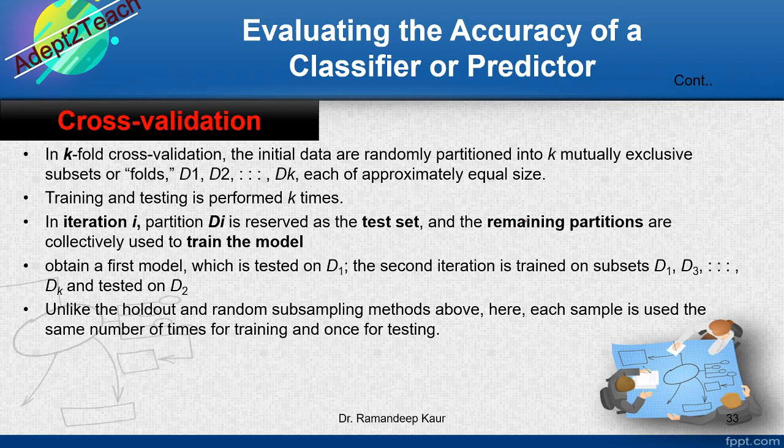The second method is cross validation. Cross validation says that we partition the data into some subsets, let's say D1, D2, D3 and so on up to Dk, which are of equal size. That means if one subset comprises 5 elements, then the second subset will also have 5 elements, and so on.